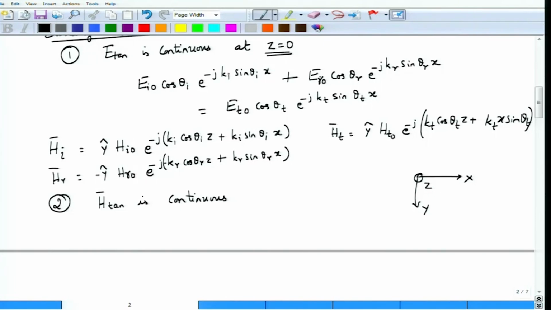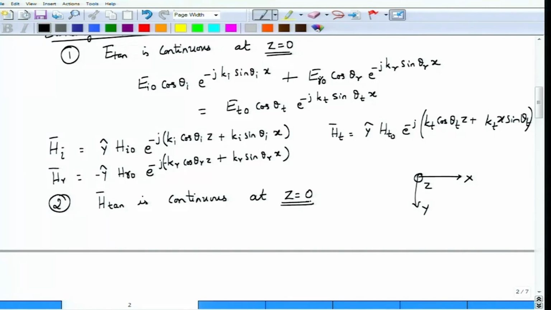Therefore z is the normal to the interface, whereas x and y define the interface plane itself. So Hy, being a tangential component on the interface, will also be continuous.